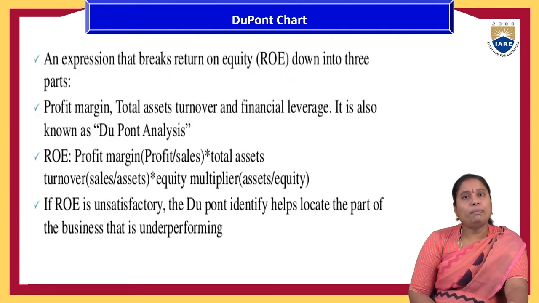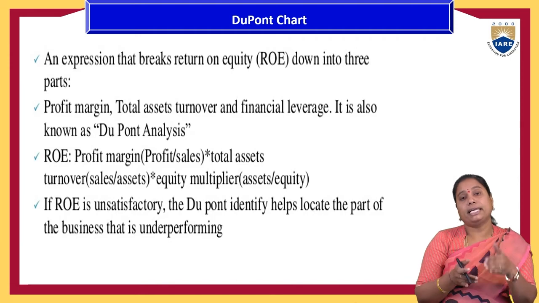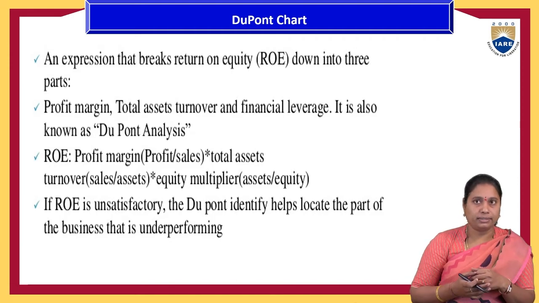So that's why the DuPont chart is an expression that breaks the return on equity down into three parts: the profit margin, total assets, and financial leverage of the organization. These three elements are taken into consideration, and each is again interrelated with another element.